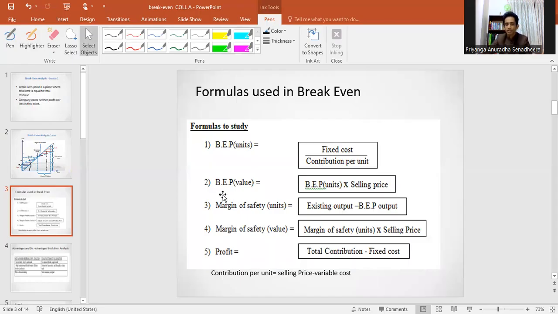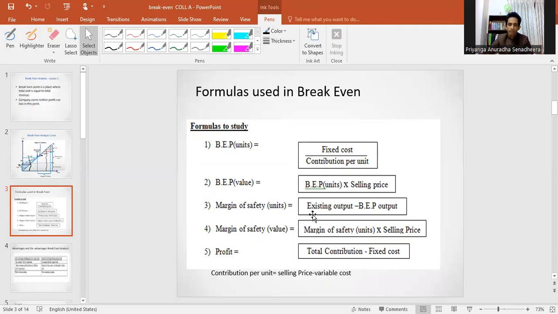Next is the break-even point value. From the previous formula, you take the break-even point in units and multiply it by the selling price. The selling price is given in the sum, then you get the break-even point value. The next one is the margin of safety in units.